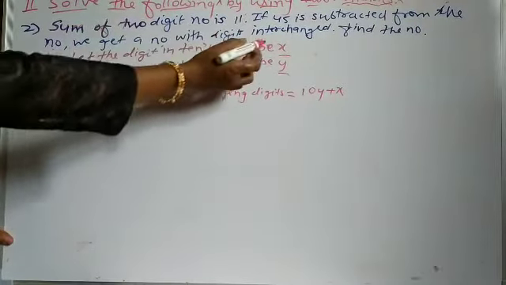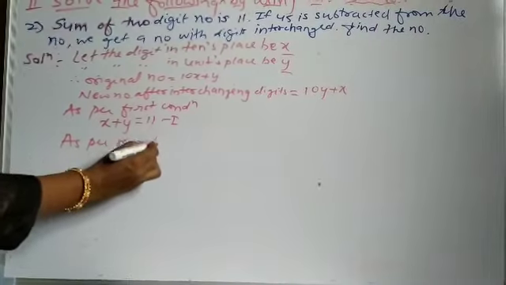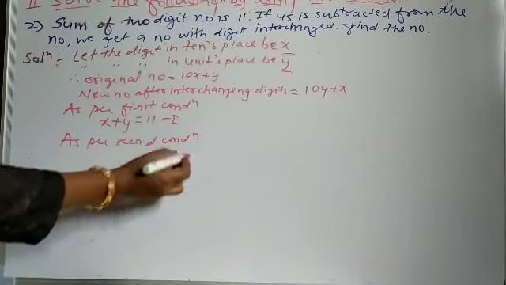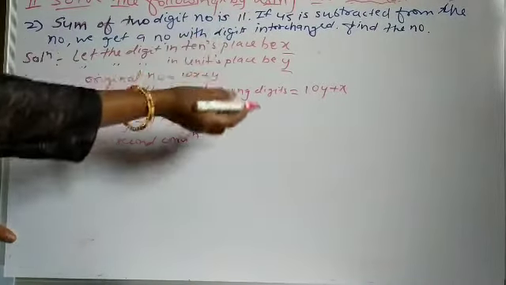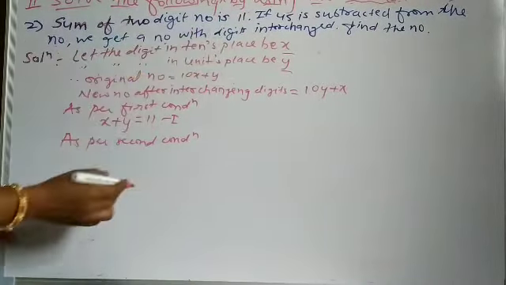Now as per the second condition: if 45 is subtracted from the number, means 45 is subtracted from the original number. So 10x plus y, subtract 45 from this, you will get the new number, which is 10y plus x.